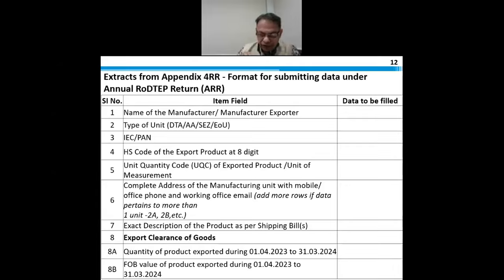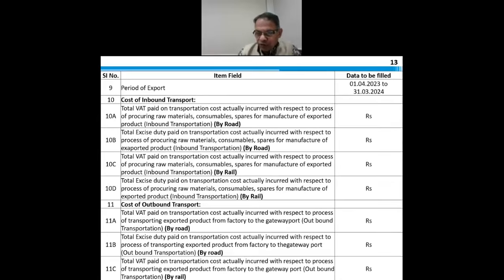Again, shipping bill, late export date. Whatever invoices you have made during that. And please remember, it is not necessary that you have received those claims, but take eligible claims, eligible shipping bills into account. Period of export, 1/4 to 31st/3.